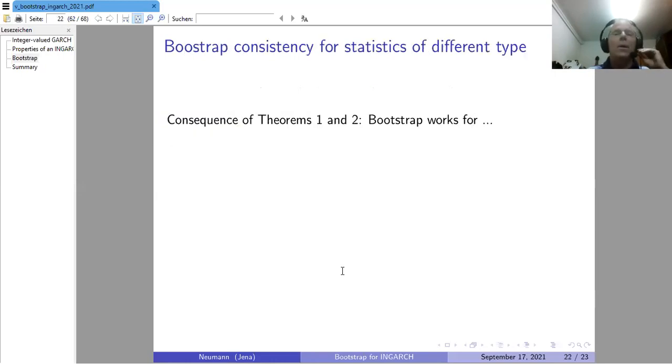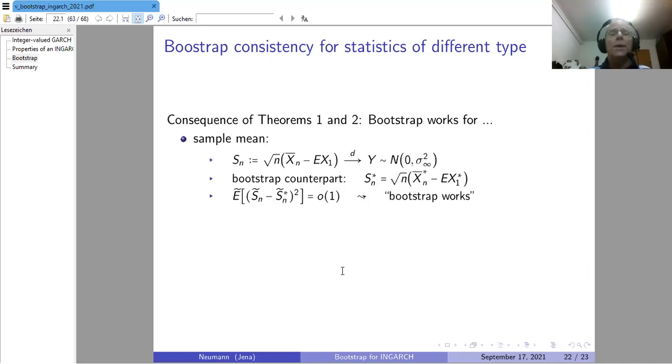Okay, what are consequences of this general bootstrap result? One consequence is that bootstrap works well, for example, for the sample mean. This is the simplest example, as n is here the normalized sample mean. Under our conditions, this normalized sample mean converges to a normally distributed random variable.